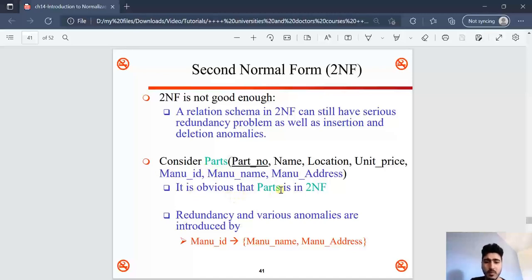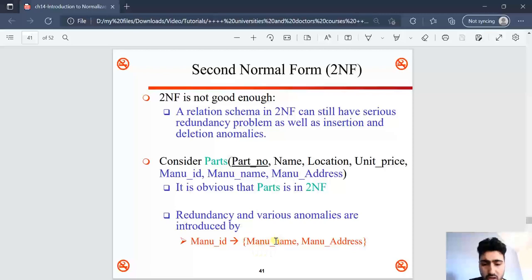So it's obvious that parts is in 2NF. Although the parts relation is in 2NF, there may be another redundancy caused by this functional dependency here, which tells us that manufacturer ID determines the manufacturer name and the manufacturer address.